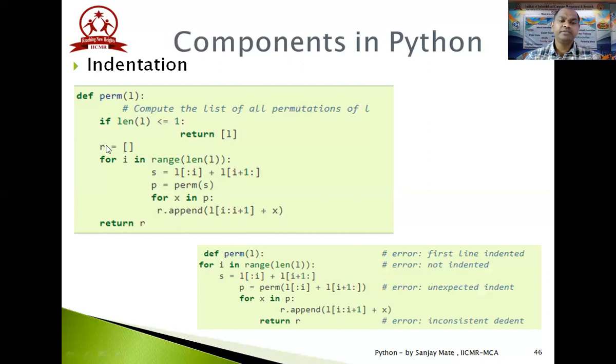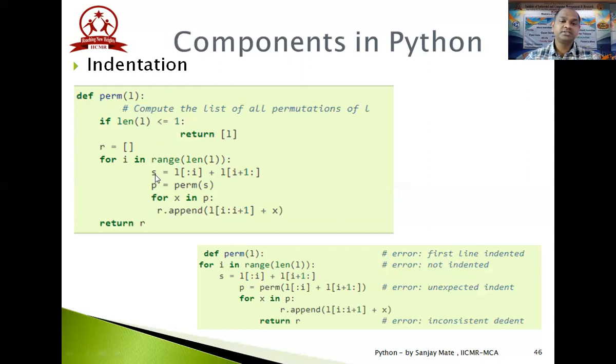Now here I am not giving the indentation. So here R is not under the if condition. It is under the function. The for is not under the if condition either; this block is under the particular block, the function. Here I am writing one for loop, and under this for loop I want to write some statements. So for that I need to again give the indentation from this for loop to this.